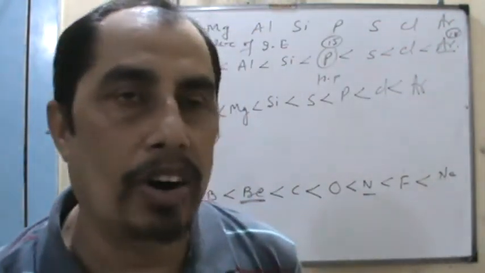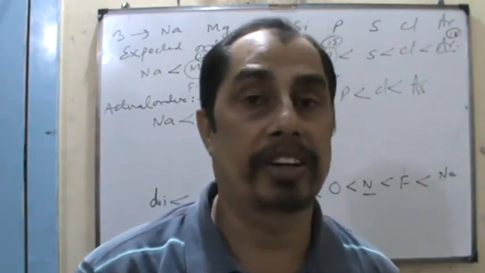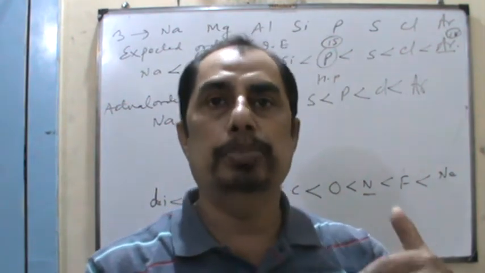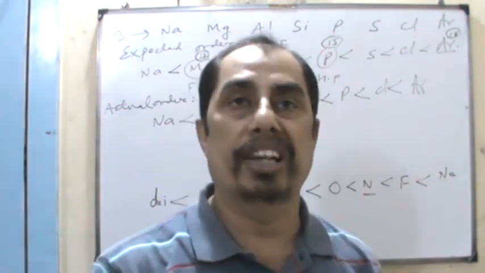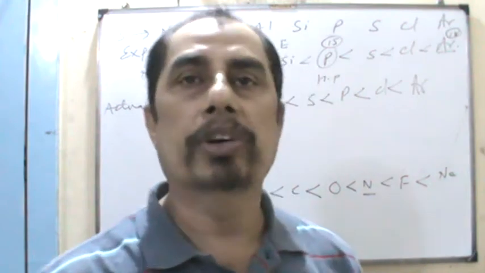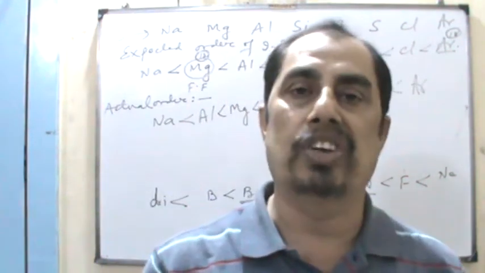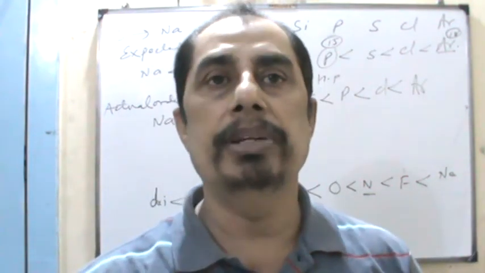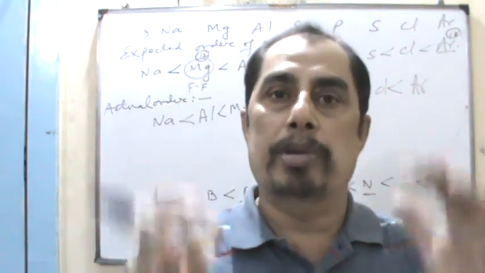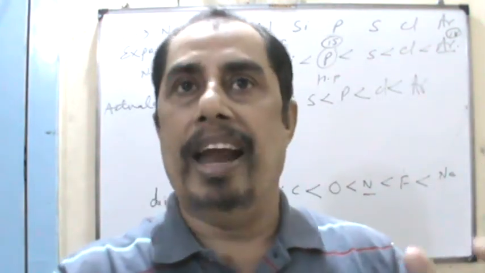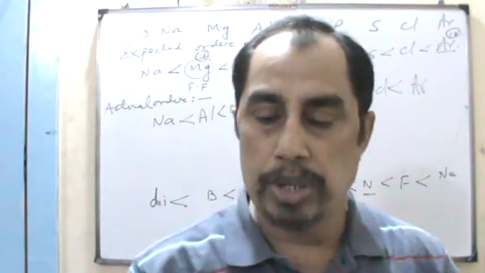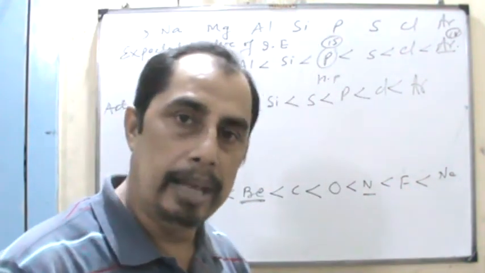So the expected order is different from the actual order. So the trend changes a bit from LHS to RHS. But down the group, no confusion. Everything is very clear. Down the group, atomic size increases, number of shells increases, and ionization energy decreases. Am I clear to you?